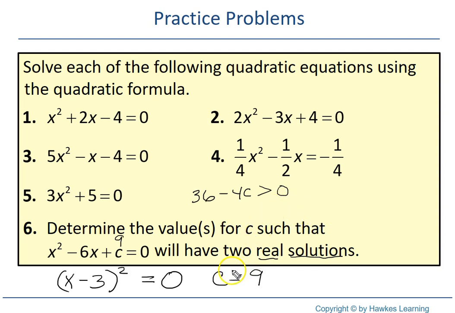So we just have to change this to c is greater and take away the equal part here. And I should read the problem a little more clearly and carefully here, what they wanted. If they just want one solution, we could have completed the square and gotten the 9. But we want it to be greater than 0, so we get two real solutions. So it's c is greater than 9.